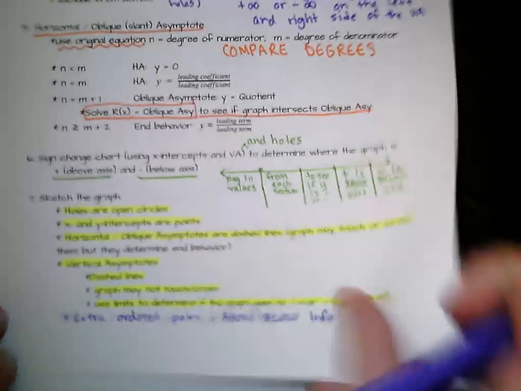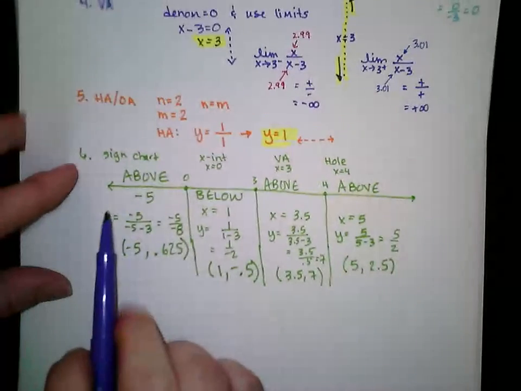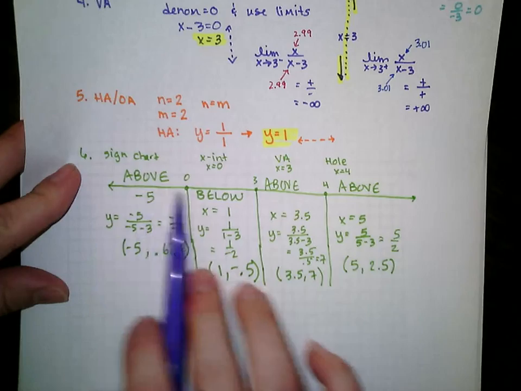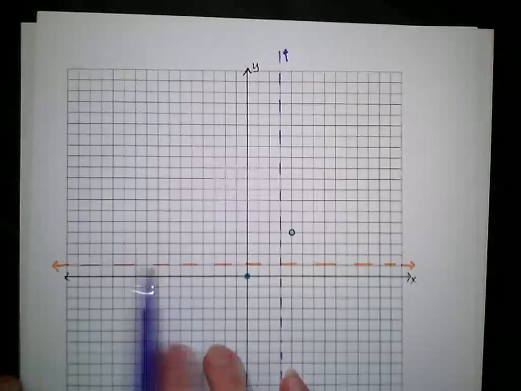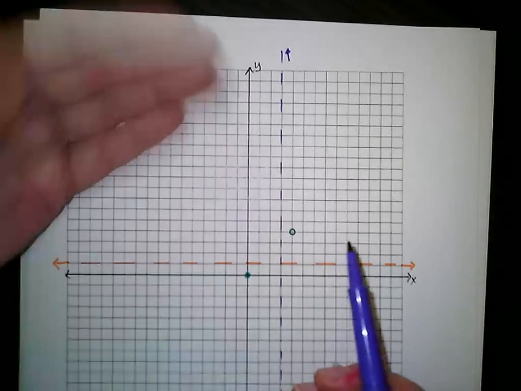So let's go. I've got that my graph should be above the x-axis between negative infinity and 0. So from negative infinity to 0, my graph is going to be above the x-axis.